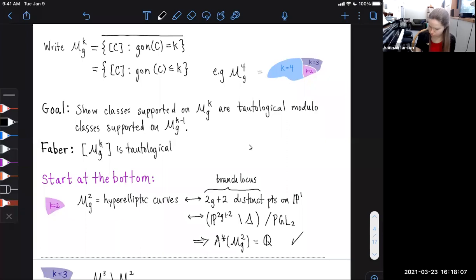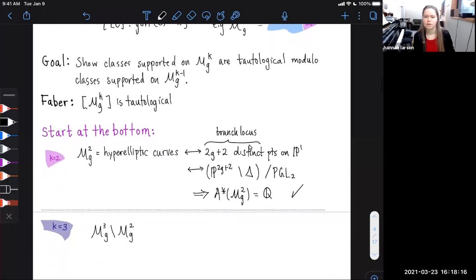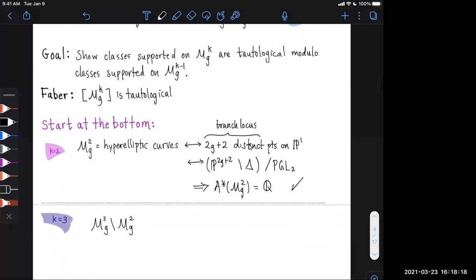And so we know the fundamental class is tautological, so everything here is tautological. Oh, sorry, is that P1 to the 2g plus 2 power?